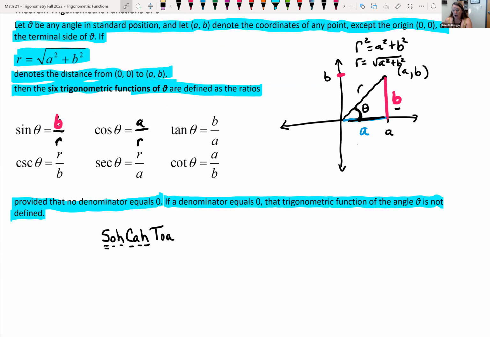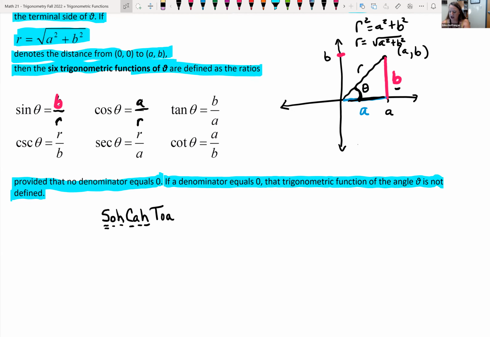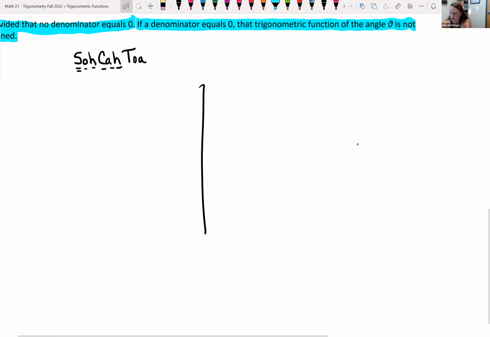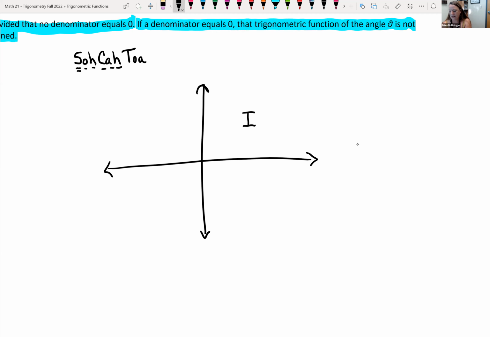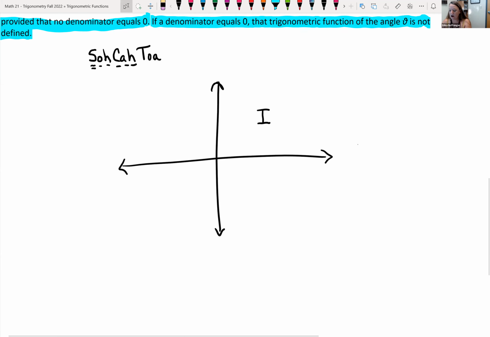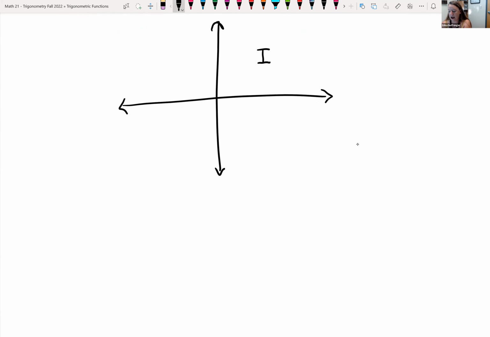So let's just talk about this a little bit for a second, about our quadrants and the signs of our trigonometric functions in our quadrants. So recall that when you have your XY plane, quadrant 1 is this upper right-hand quadrant. If we're talking about our points there, our X value is positive in this case, and our Y value is also positive.